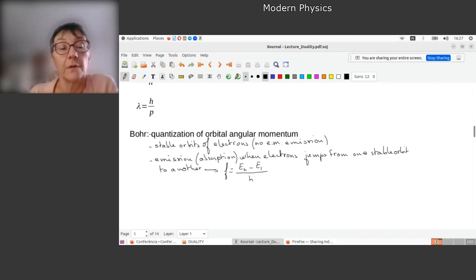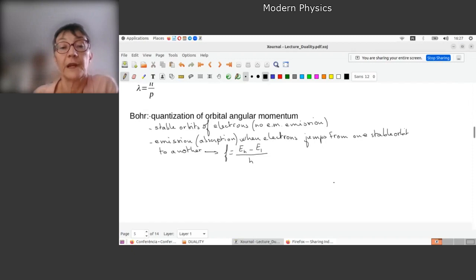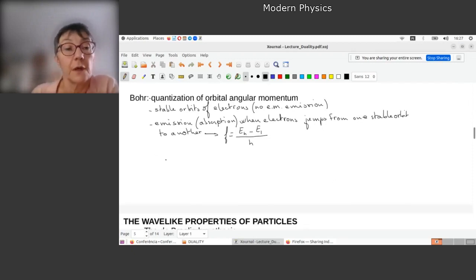And so the third condition was the quantization of orbital angular momentum of the electrons. He wrote mvr.